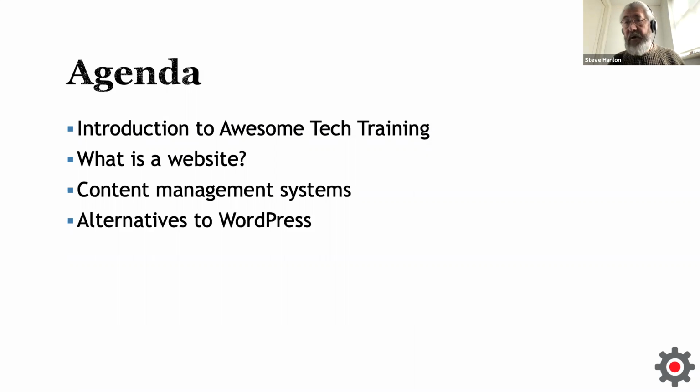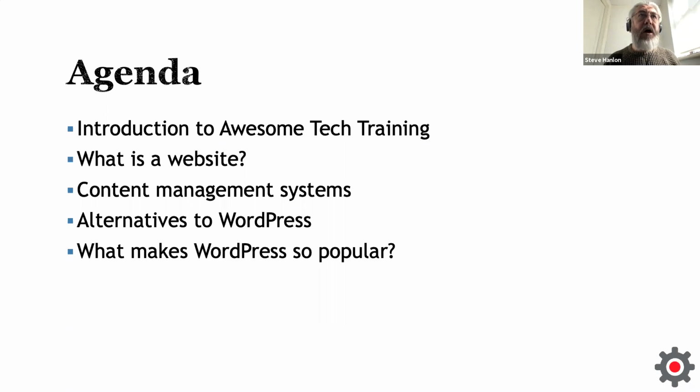So WordPress is one and is the most widely used content management system, but there are other ones there, and there are reasons for choosing other ones as well. But what does make WordPress so popular? So we'll have a look at that, and then we'll pull it all together and look at what next steps you might want to take with your site.